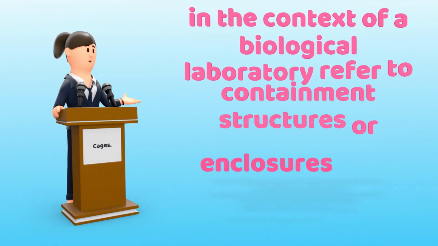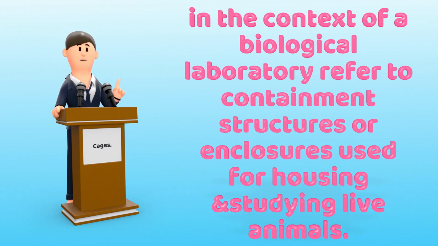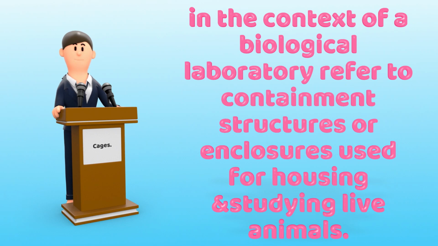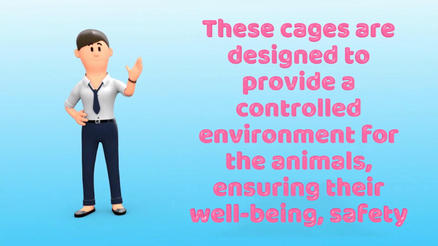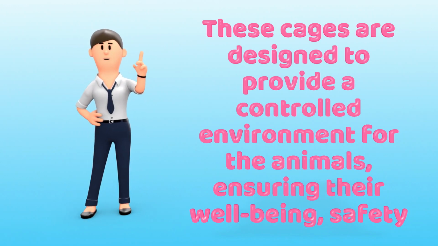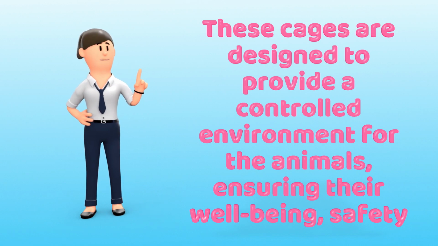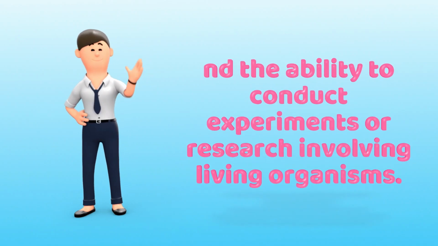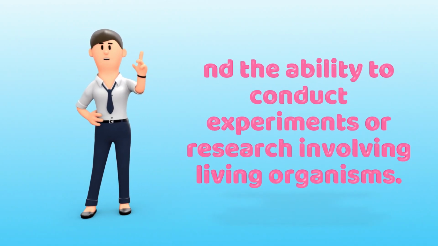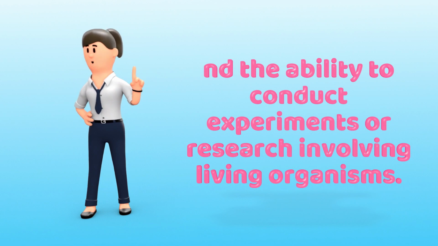Again, here we have cages. In the context of a biological laboratory, cages refer to containment structures or enclosures used for housing and studying living animals. These cages are designed to provide a controlled environment for the animals, ensuring their well-being, safety, and the ability to conduct experiments or research involving living organisms.